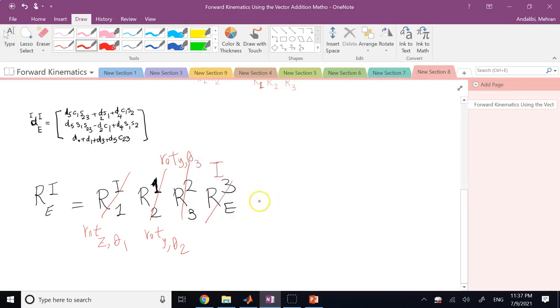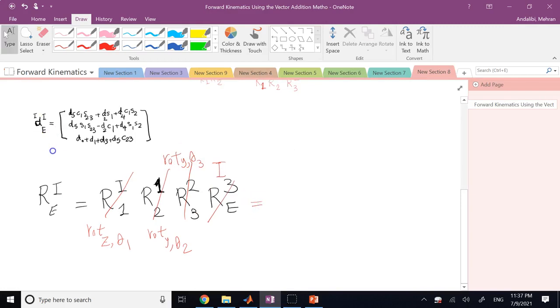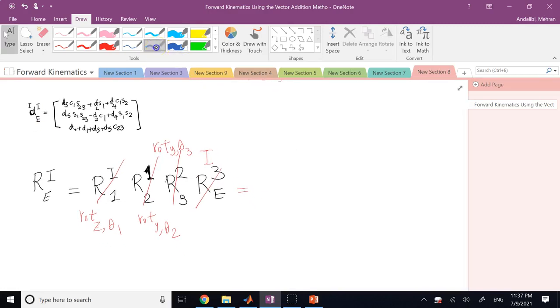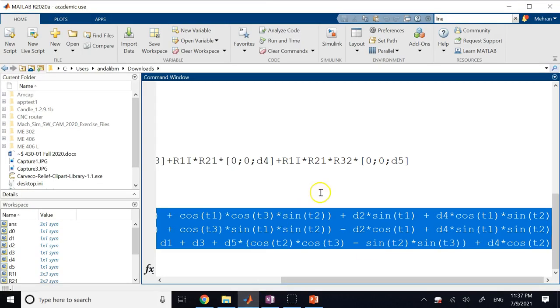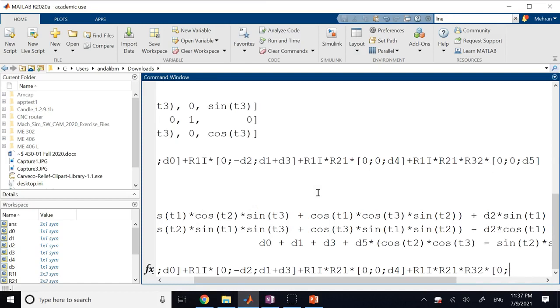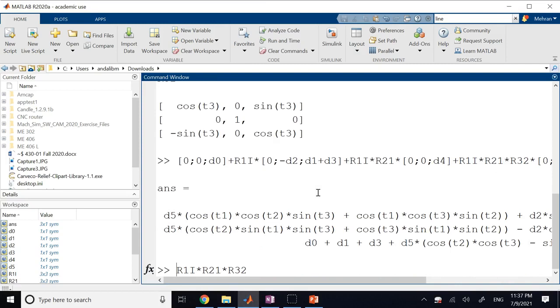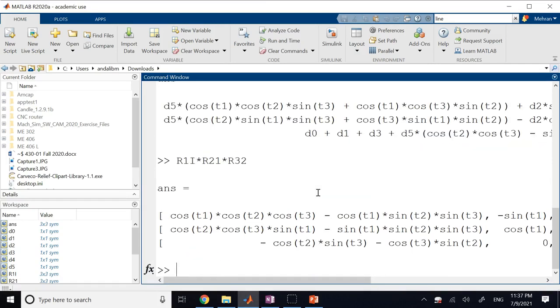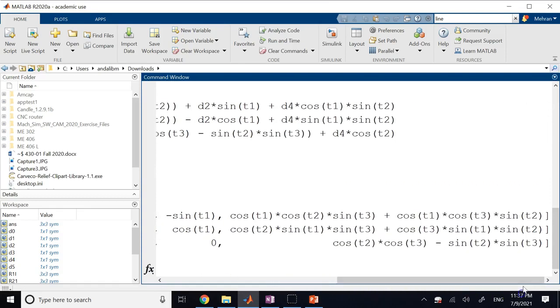So all you need is to simply multiply these together and get your rotation matrix also as a 3 by 3. So again, we can do that with symbolic. And all you really need is this one here. That's all. So you multiply it and you get your result.